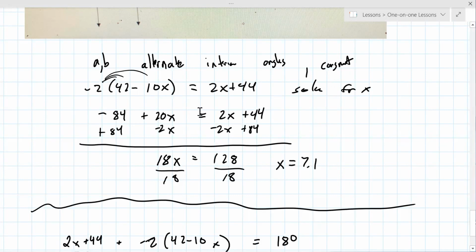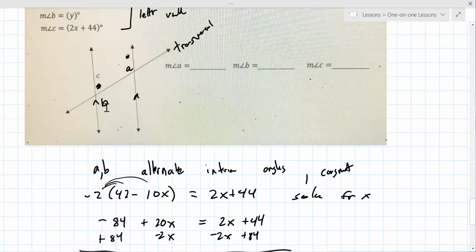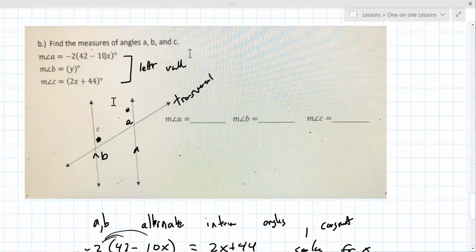Well, you've got to use that back here in part A. And so to get the measure of angle A, you have to take that 7.1 and put it back into this expression. So it's -2 times (42 minus 10 times 7.1). So that's 71. 42 minus that is -19.